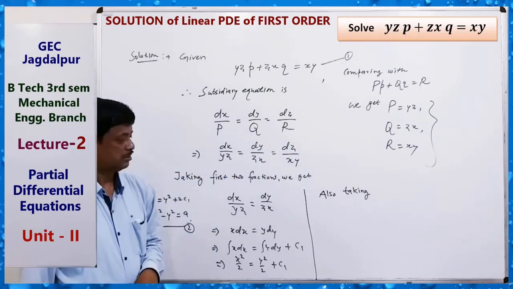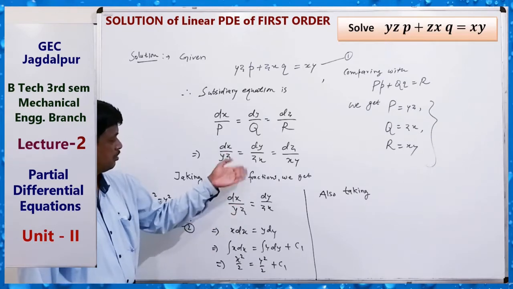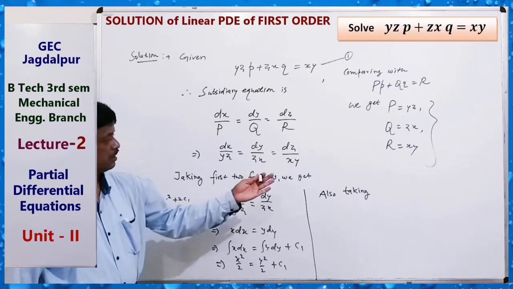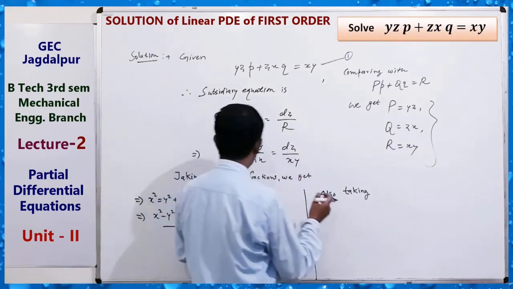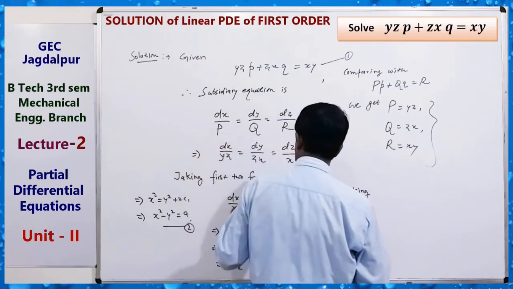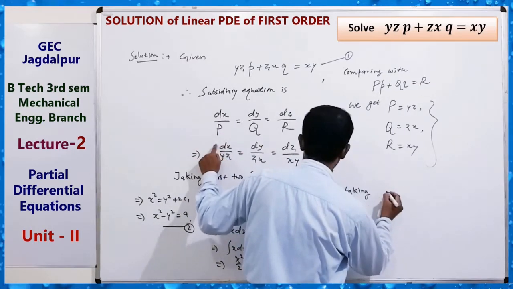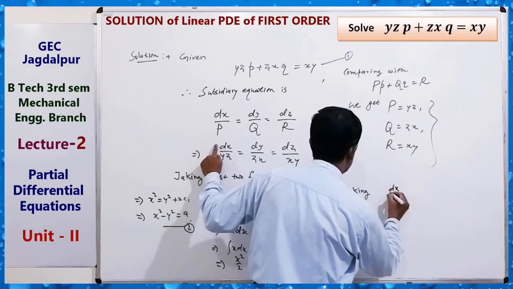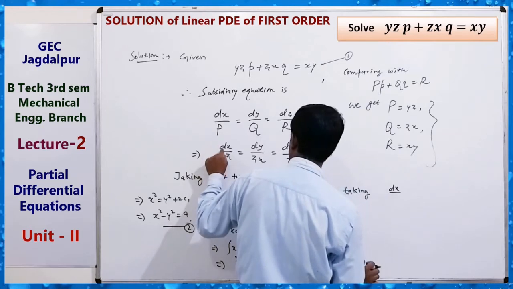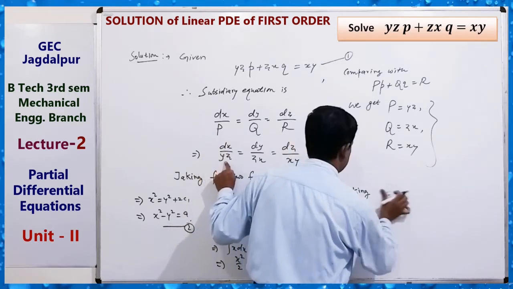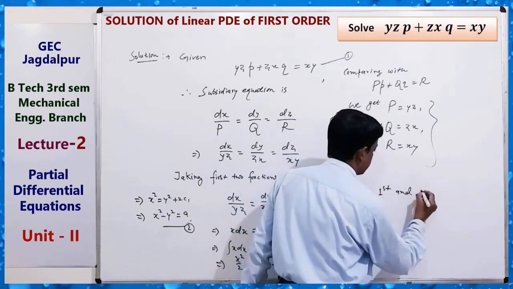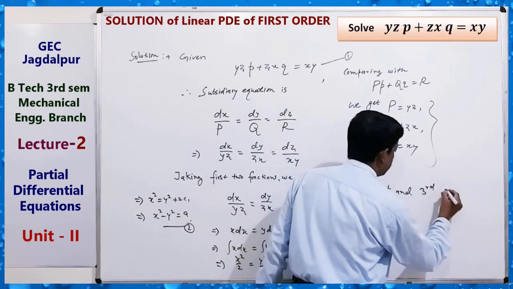So taking the first two, and then also taking any of the fractions other than these, we can write dx upon, taking the first and third fractions.